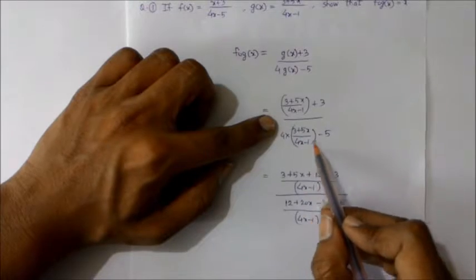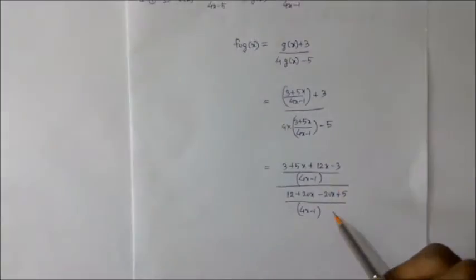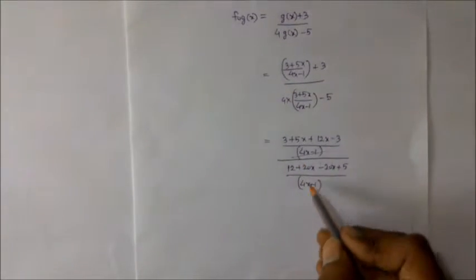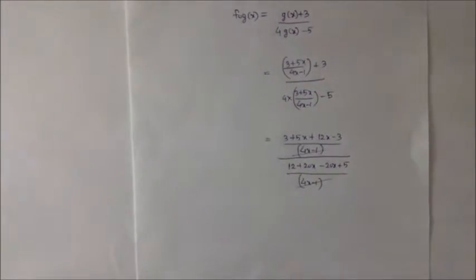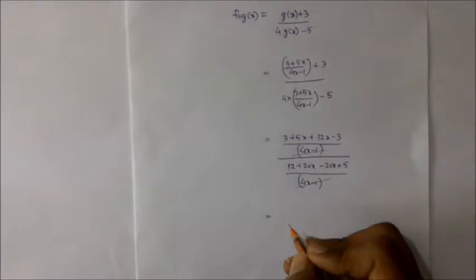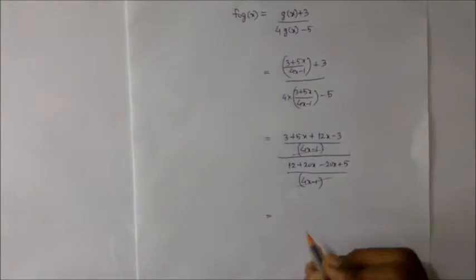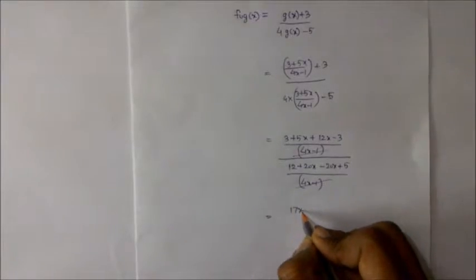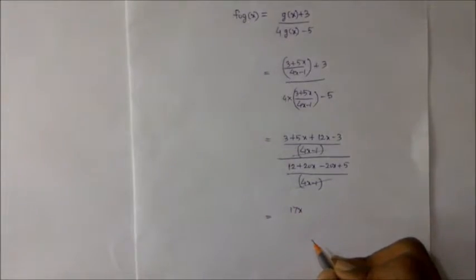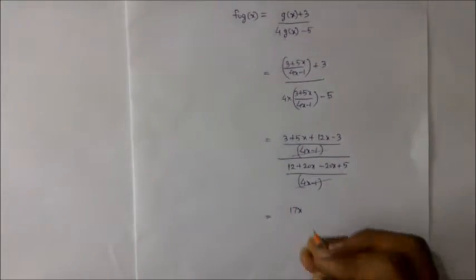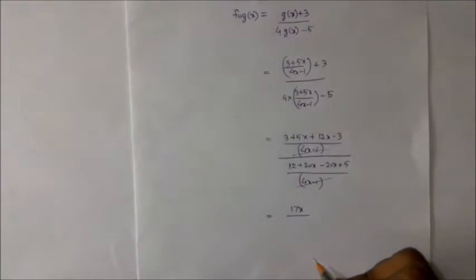When I cross multiply, I will get minus 20x plus 5. Now this 4x minus 1 and this 4x minus 1 will be cancelled. And now in the numerator we have 12x plus 5x, which gives us 17x, and this plus 3 and this minus 3 will go, so in the numerator I have only 17x.